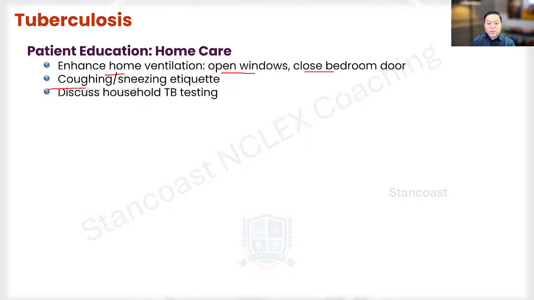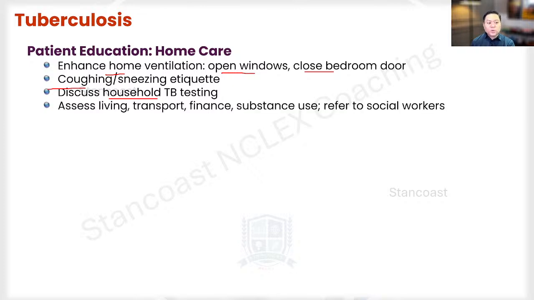And another is to make sure that we are advocating household TB testing, especially if there's a huge family in the home. Make sure that they're also going to be screened, because they could have been potentially infected as well. So this is going to be the next step in the treatment of TB. Now we're also going to assess the living condition of the patient.